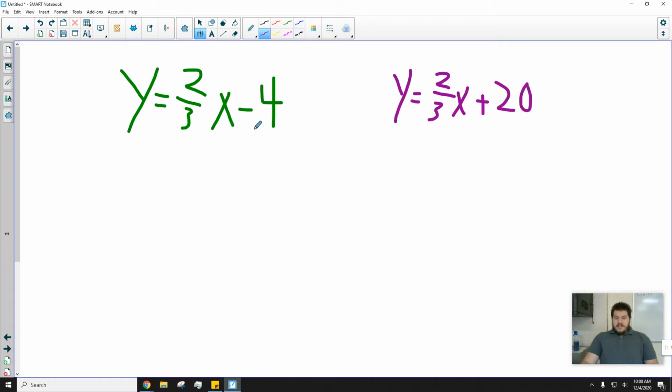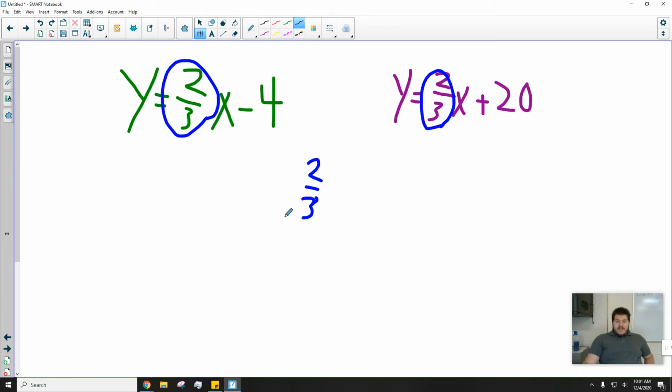Those are definitely different lines, but are they parallel? Well, let's think about where the slope is. The slope is between the equal sign and the x. So 2/3. Are the slopes the same? Well, yeah, they're both 2/3. And that means that they are parallel.